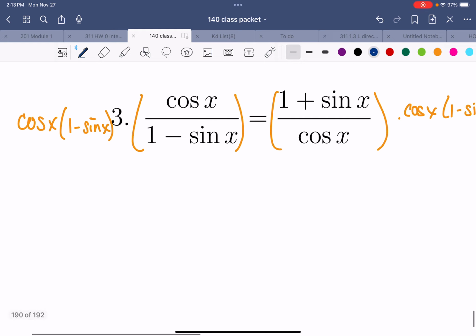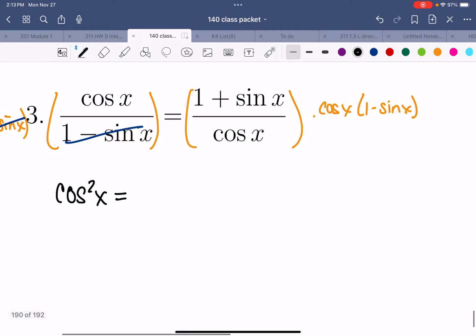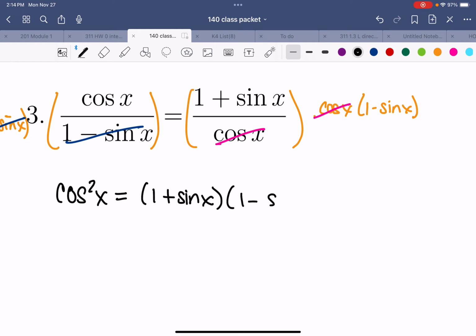On the left, the 1 minus sine x cancels, and I get cosine times cosine is cosine squared. On the right, the cosine x cancels, and we get 1 plus sine x times 1 minus sine x.